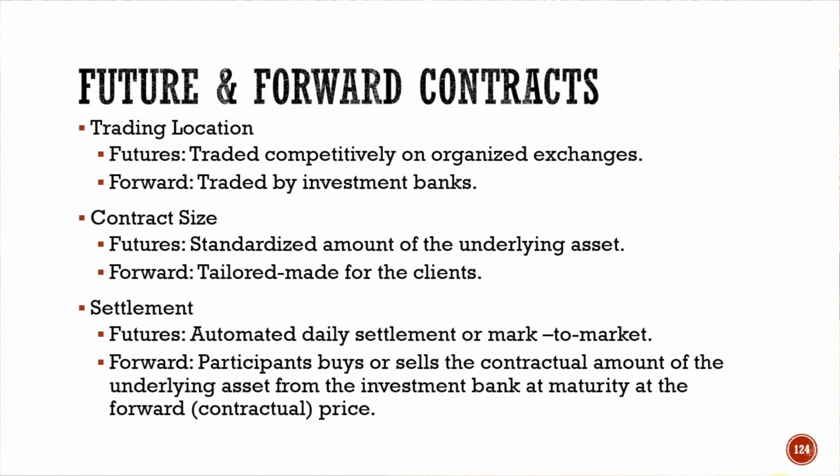So the difference is that it's actually fluctuating on a daily basis. Now, the forward contract, however, is where the participant buys or sells the contract amount of the underlying assets for the investment bank at the maturity at the forward contractual price. So that way it actually settles only on the exact date as negotiated.